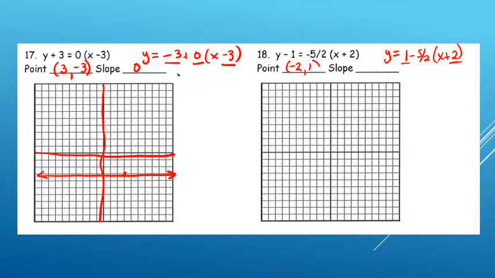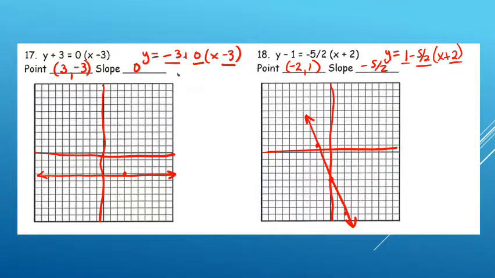My y value is a 1. My slope is -5/2. So graphing this here, I have a point at -2, 1, so back 2, up 1. And then my slope is -5/2, so down 5, 1, 2, 3, 4, 5, over 2, down 5, over 2, right, and then connecting those guys together.